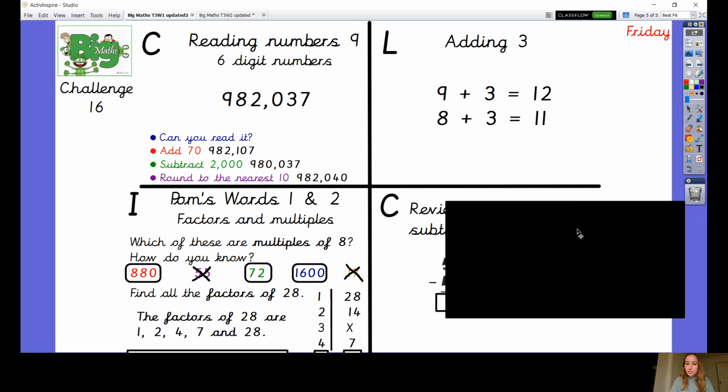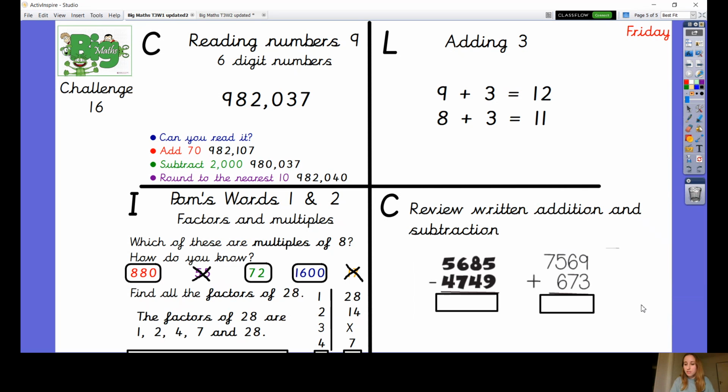Okay, our calculation skill today then is the same as yesterday. We have got a subtraction calculation and an addition calculation, both of which use the column method, the written method for addition and subtraction. Notice which one is which. This is a subtraction, this is an addition. You're going to have a go at those in your maths books. Make sure you copy down the numbers exactly and put them in your squares so that they're lined up evenly in columns.